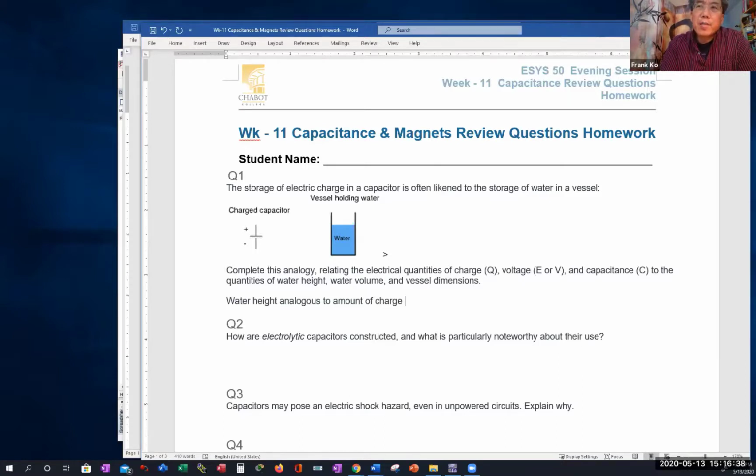So the height of the water would be analogous to the amount of charge. Okay. Measured. The voltage would be the height of the water, right? Yeah, so the height would be similar to the amount of charge, which is measured as Q in coulombs.